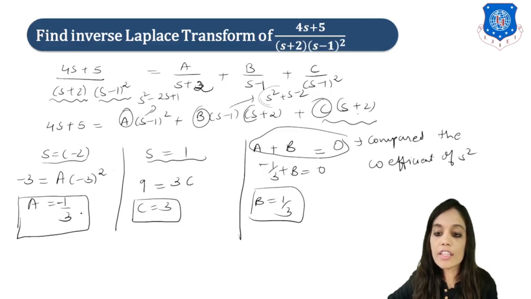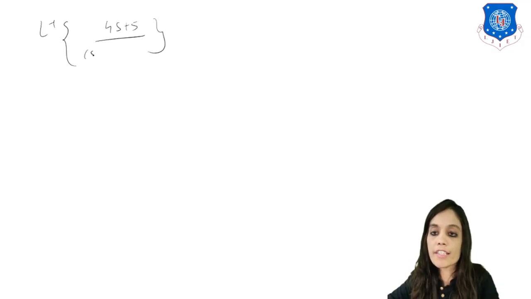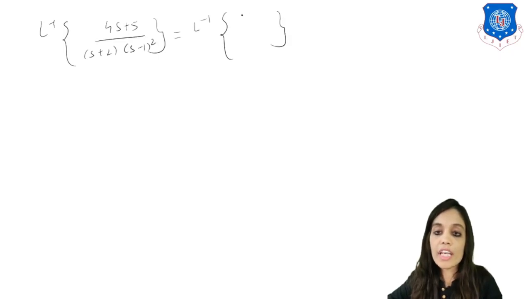Done. So now let us put the values of a, b and c in this equation, right? And also take the Laplace inverse. So Laplace inverse of 4s plus 5 upon (s plus 2) into (s minus 1) whole square is equal to Laplace inverse of, we have a upon s plus 2, but our value of a is what? Minus 1 upon 3.